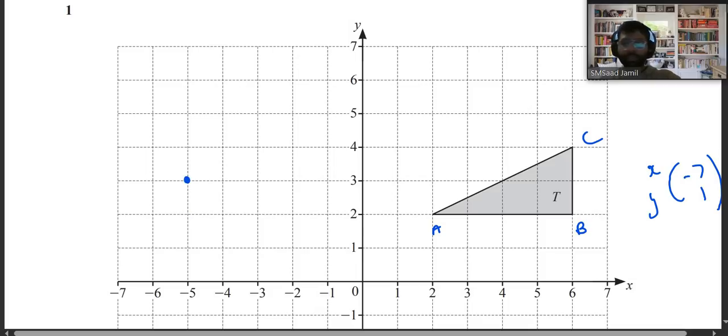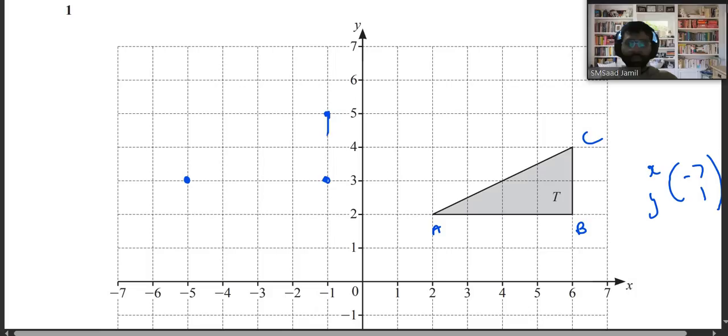Again, let's go for this one: 1, 2, 3, 4, 5, 6, 7 and 1 point up. Again for B, 1, 2, 3, 4, 5, 6, 7 and 1 point up.